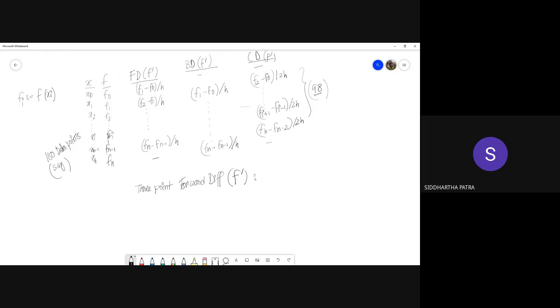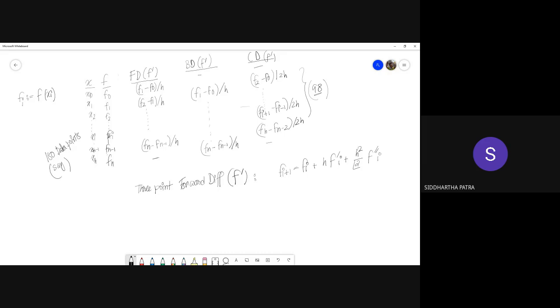So once again, at i, there is fi, but let's try to evaluate f i plus 1, which is fi plus h times f prime i plus h squared divided by 2 factorial times f double prime i.